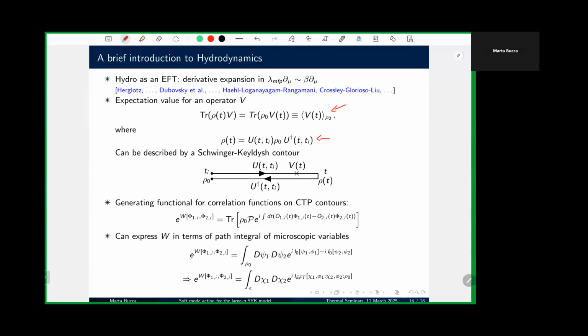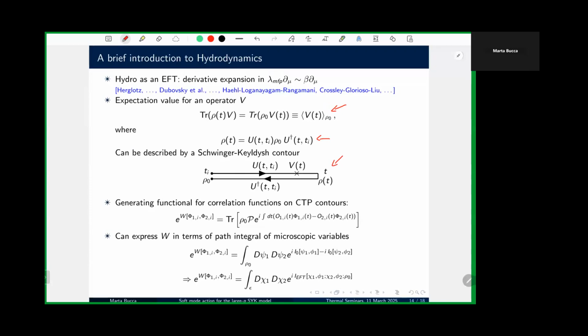So you have U, which is a unitary operator U(t, ti), rho 0, which is your density matrix at time ti, and then U dagger, which is the adjoint of U(t, ti). If you want to represent this trace visually, you can do so by drawing a Schwinger-Keldysh contour.